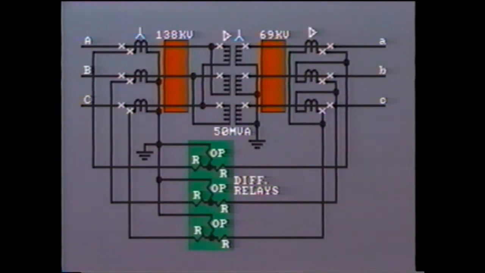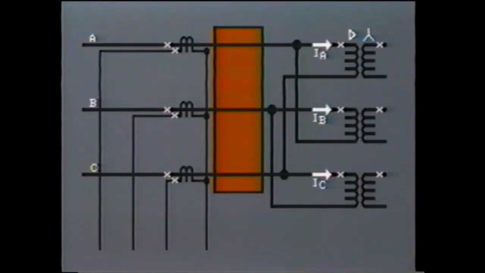Then make connections from the delta-connected CTs to each phase relay so that both sides correspond to the same primary line. Let's check this. First, note we have indicated the currents inside the delta-connected primary windings to be IA, IB, and IC. Looking at the primary side and remembering that it is delta-connected, we find that the line current in line A is IA minus IB.